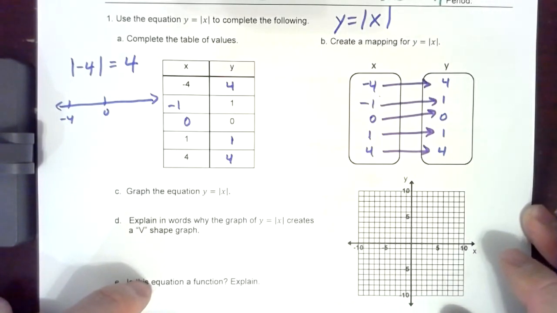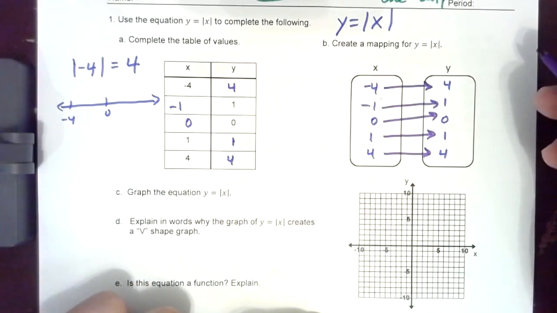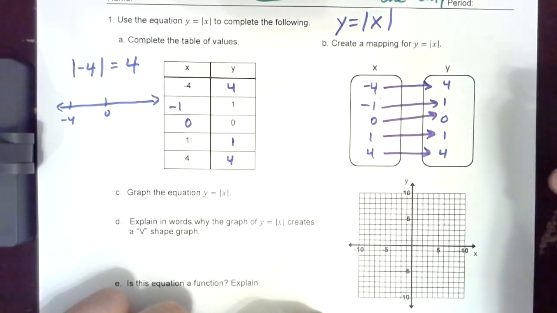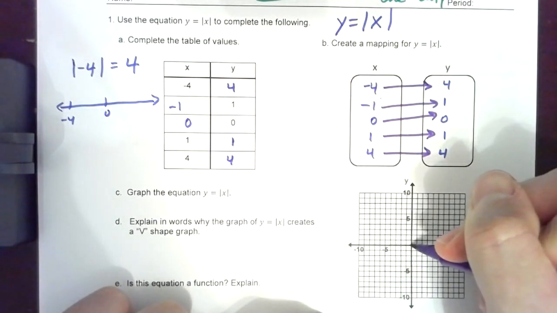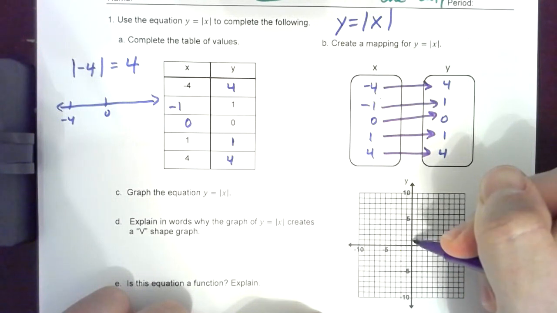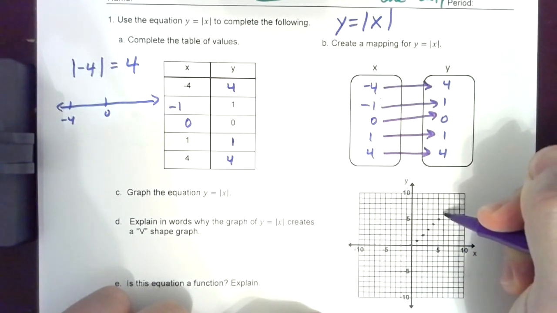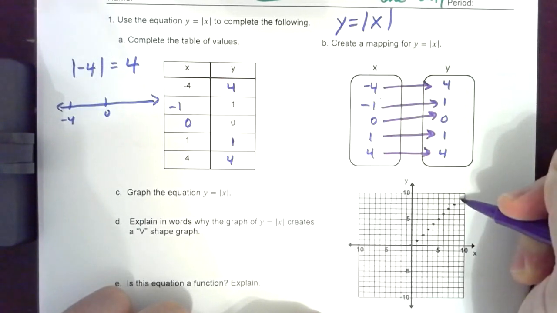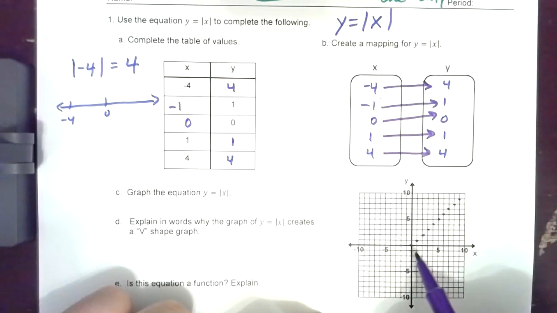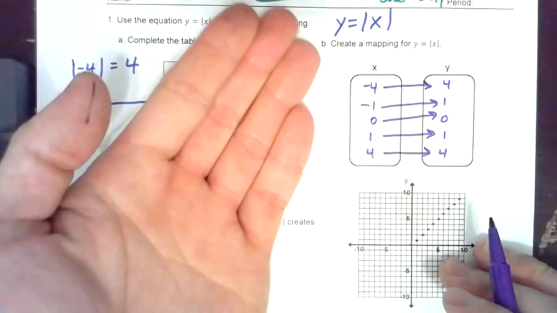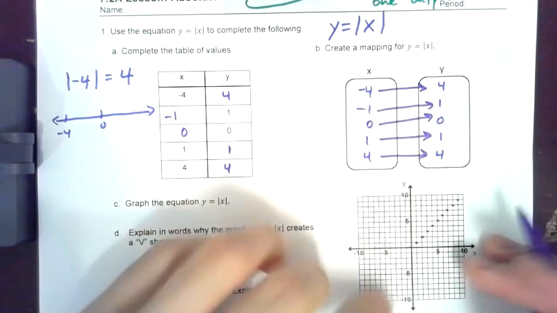Okay. And you can kind of see that y equals absolute value of x would have looked like 0, 0, 1, 1, 2, 2. It would have been linear and pretty much y equals x the whole entire time. But instead, the negative portion of the graph was reflected back to its positive, right?